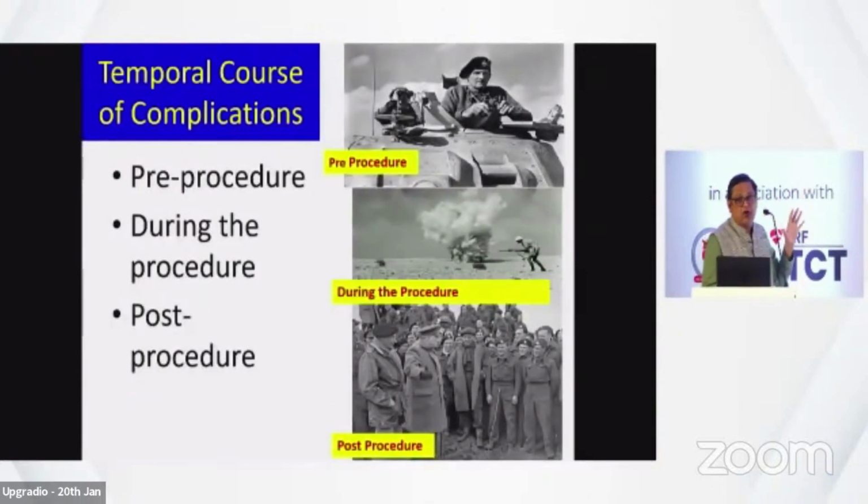Now, basically, complications can happen at 3 times, all of us know. But as I said, 90% of complications are in the pre-procedure time. So if you properly plan your procedure, 90% of complications can be avoided, but some will happen during the procedure. And finally, there are certain complications that can happen even after the procedure. Like Dr. Anil showed you, those guide wire perforations which happen to the distal vessel.